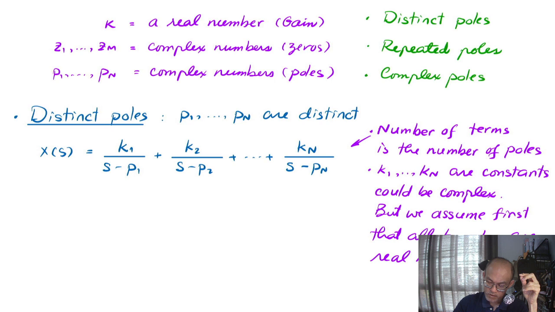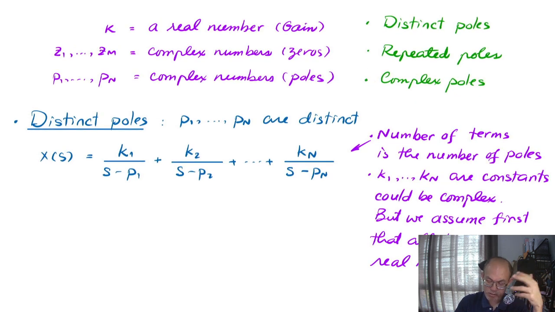We will leave the case where some K's are complex numbers to the third case. Okay, so here we are assuming all the K's are real numbers. No, I'm sorry, we assume first that all the poles are real numbers.